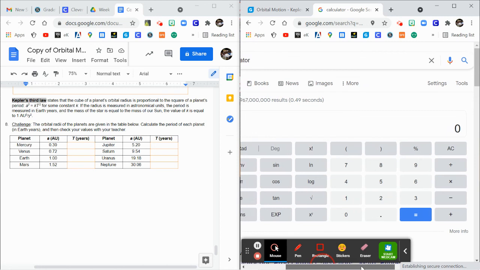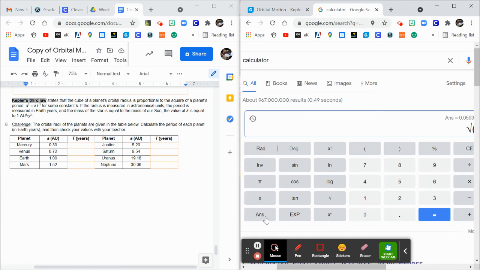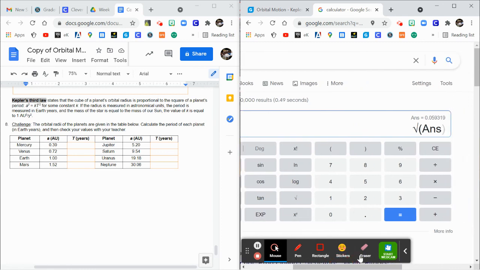Okay, so 0.39 cubed. There it is. And so now we take the square root of that number, of our answer.